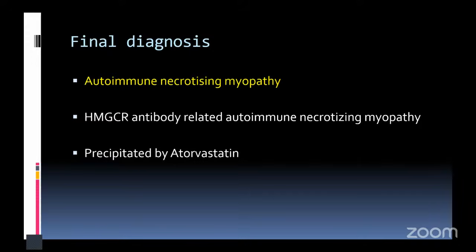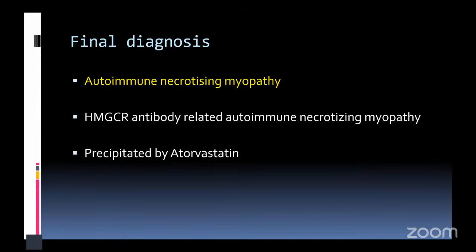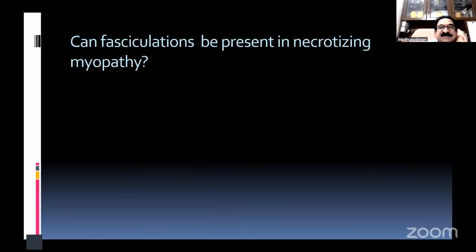So EMG-wise, it was myopathic like earlier? No, EMG was not at all myopathic. EMG was like a neurogenic pattern. Now I'll come to this thing. This answers your question. I searched the literature and found out. Can fasciculations be present in necrotizing myopathy?